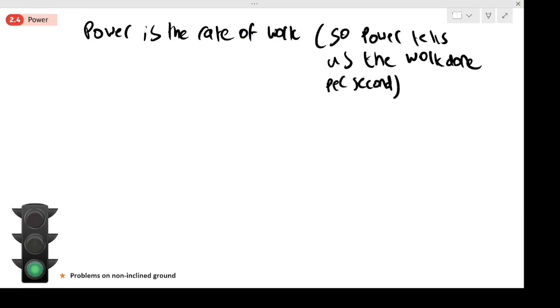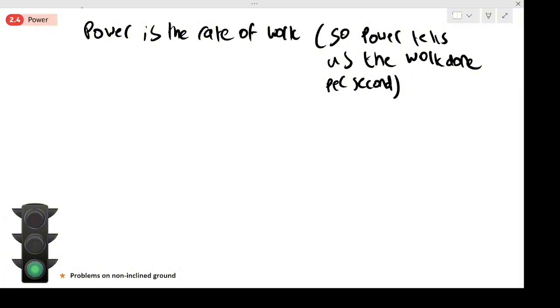So it's this idea of how much work we're doing, but the rate, how much we're doing per second. A high power means we're doing a lot of work every second. Low power, less work. That's the idea.